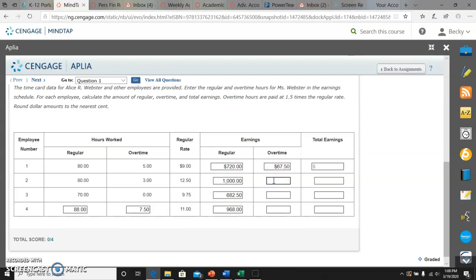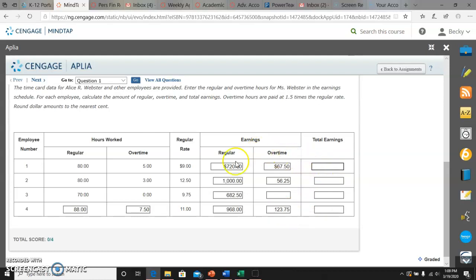Do the same for employee 2, $12.50 times 1.5 times 3 hours, and I would get 56.25. The next person has no overtime, so 0. And then our last person, Alice, take $11 an hour times 1.5 times 7.5, and I would get $123.75.